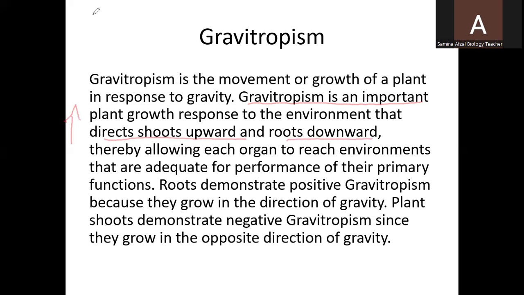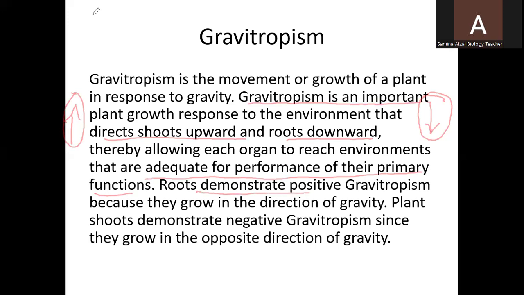So I would like to say that it means the roots grow towards the gravity and shoots go away from the gravity, thereby allowing each organ to reach environments that are adequate for performance of their primary functions.